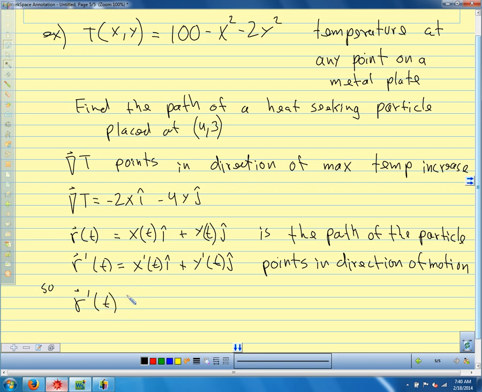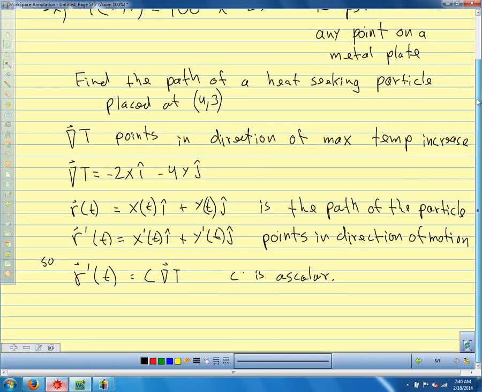R prime is going to be some scalar multiple of del T. They're pointing in the same direction, so one is a scalar multiple of the other.